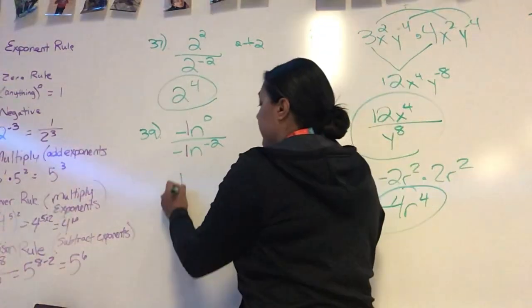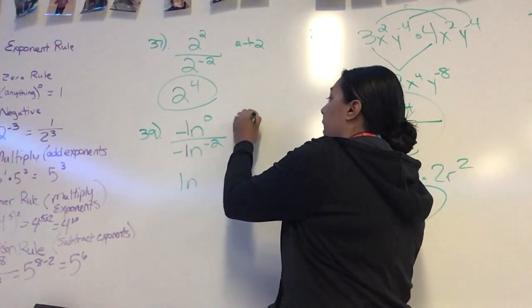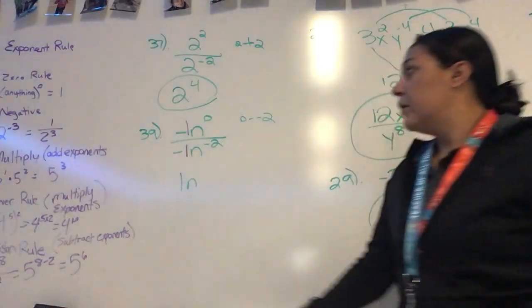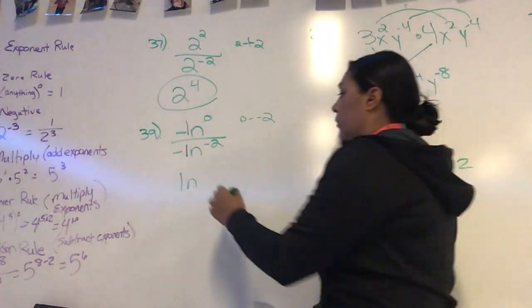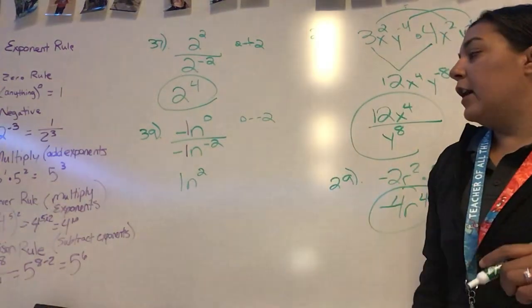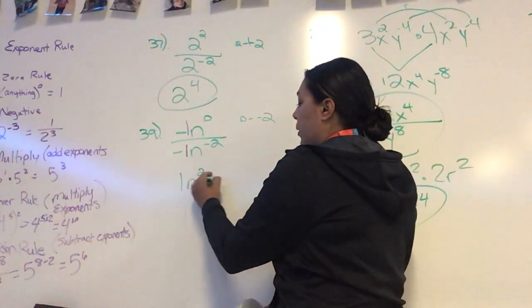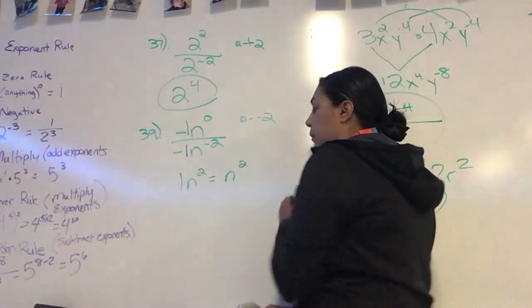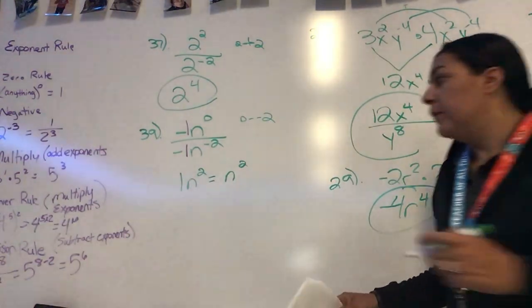Okay, so you're going to get positive 1 n to the 0 minus negative 2. 2. Okay, and so 1 n squared would work probably because your test is going to be multiple choice. This is probably what you would see would be n squared. Okay, I can almost guarantee it. They would get rid of the 1.